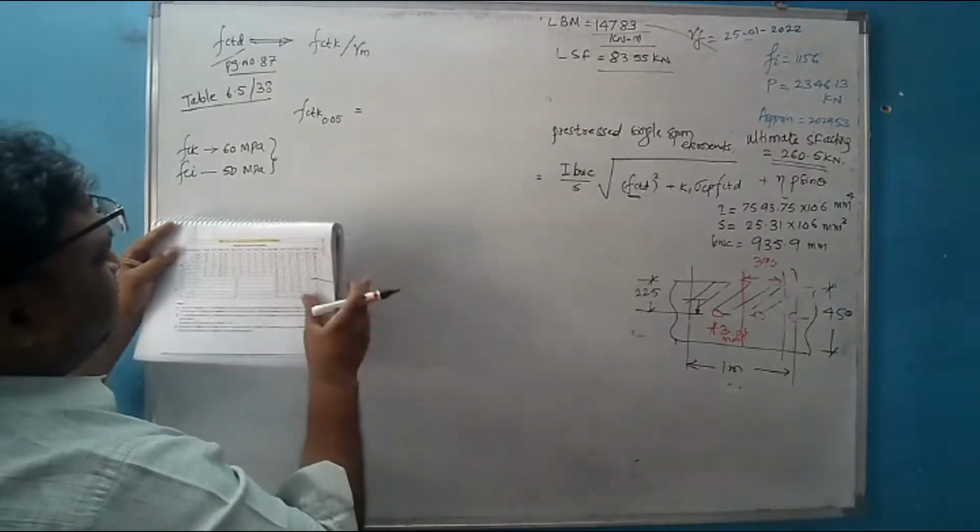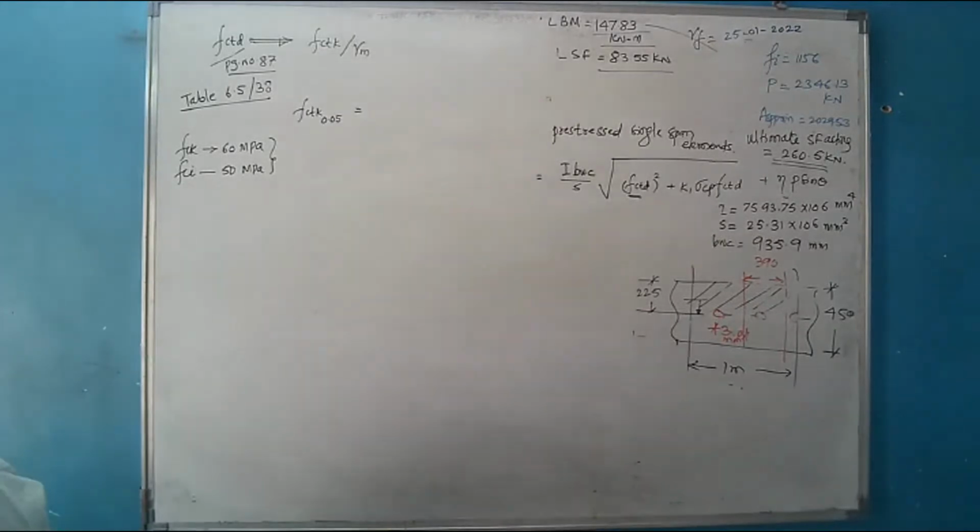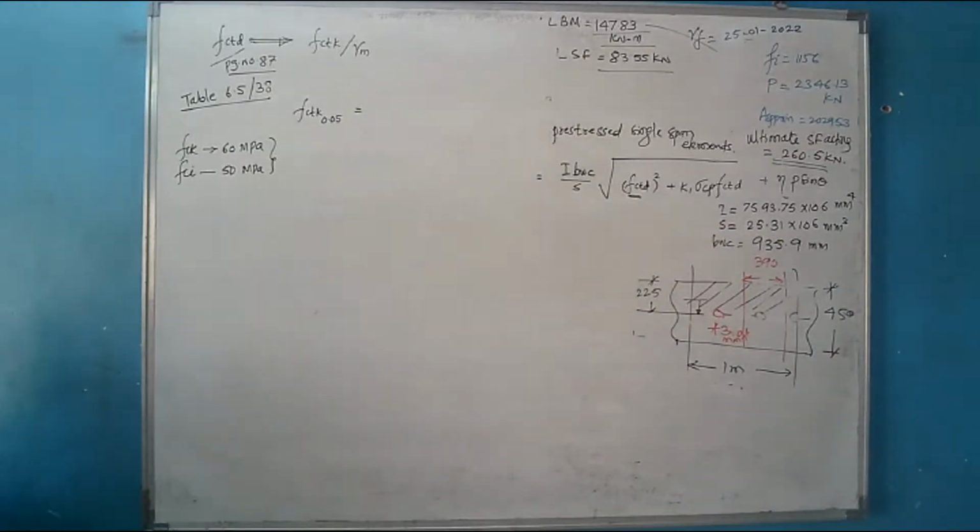Who will answer? What is the value of fctk 0.05 fraction for M60 grade of concrete? How much is fctk?